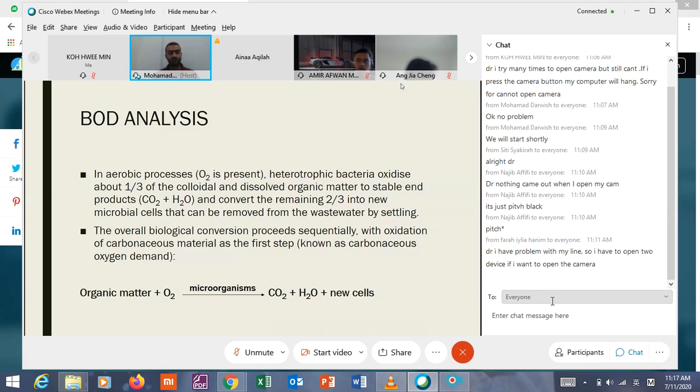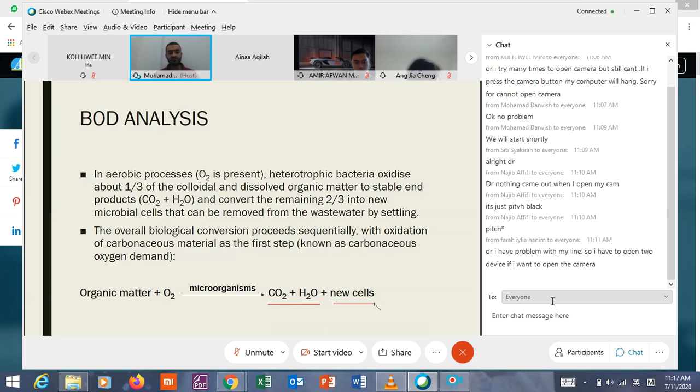So we have two products here, as you can see in the equation: CO2 plus H2O, and the new cells. This is all done by the heterotrophic bacteria in the first stage.